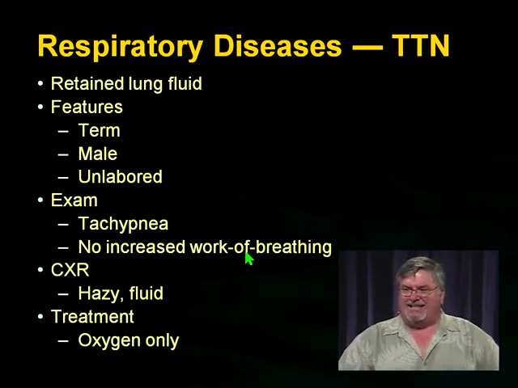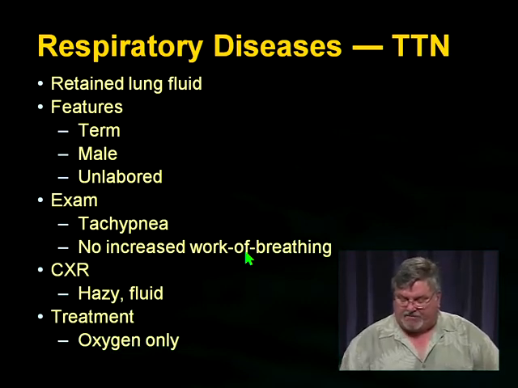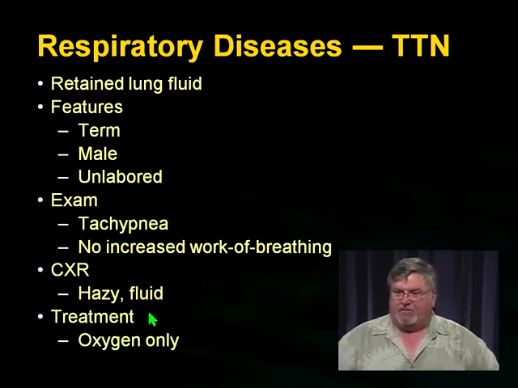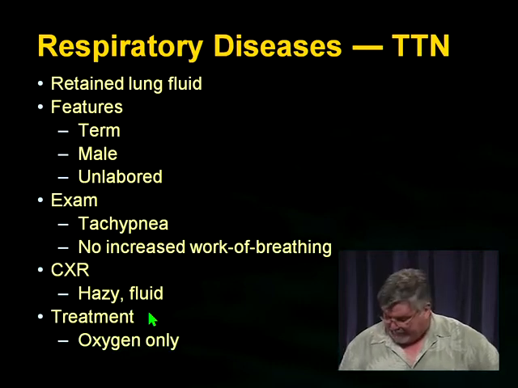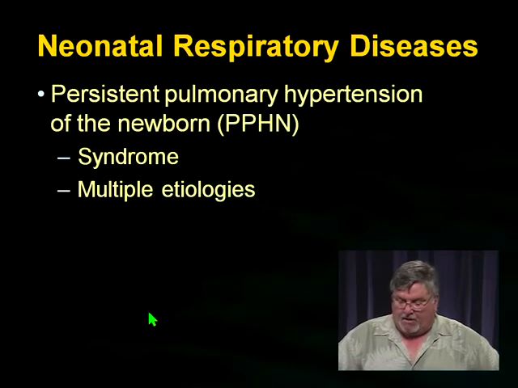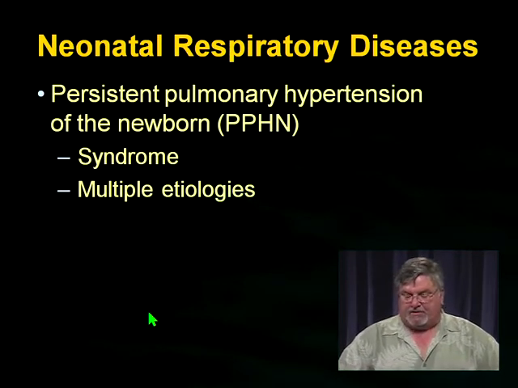So these are kids who are tachypneic, but they're not grunting, they're not retracting, they don't have nasal flaring, they just are tachypneic. Their chest x-rays have hazy fluid, but notice no reticulogranular pattern or infiltrate, and they're generally treated with oxygen or time.